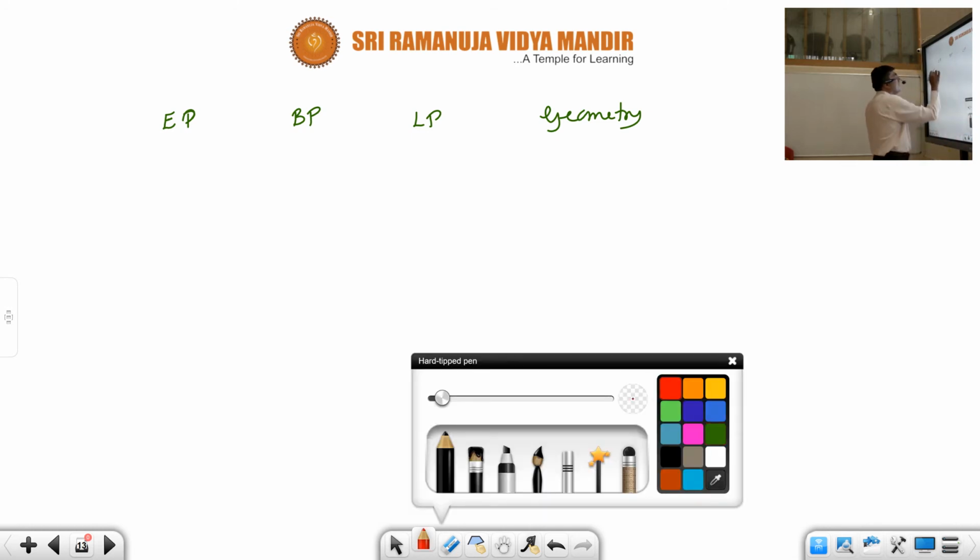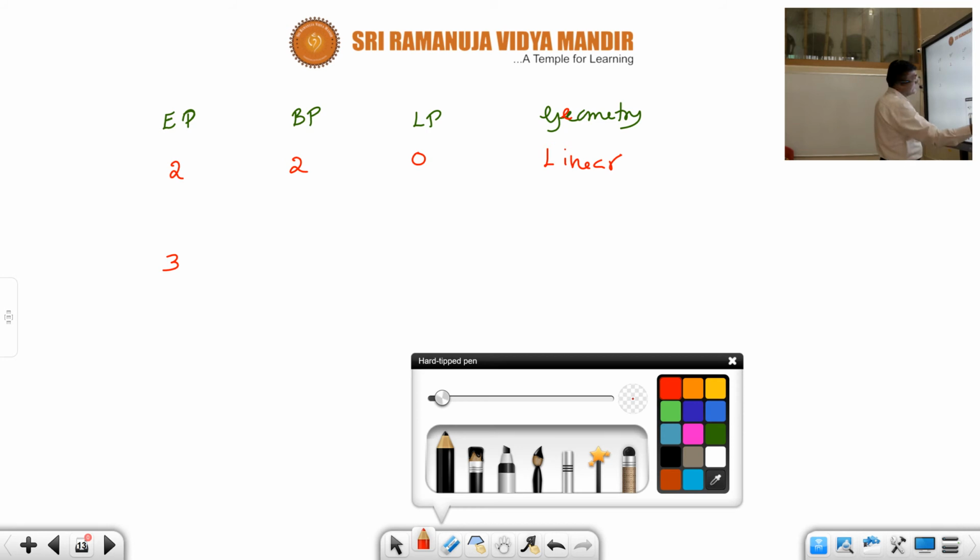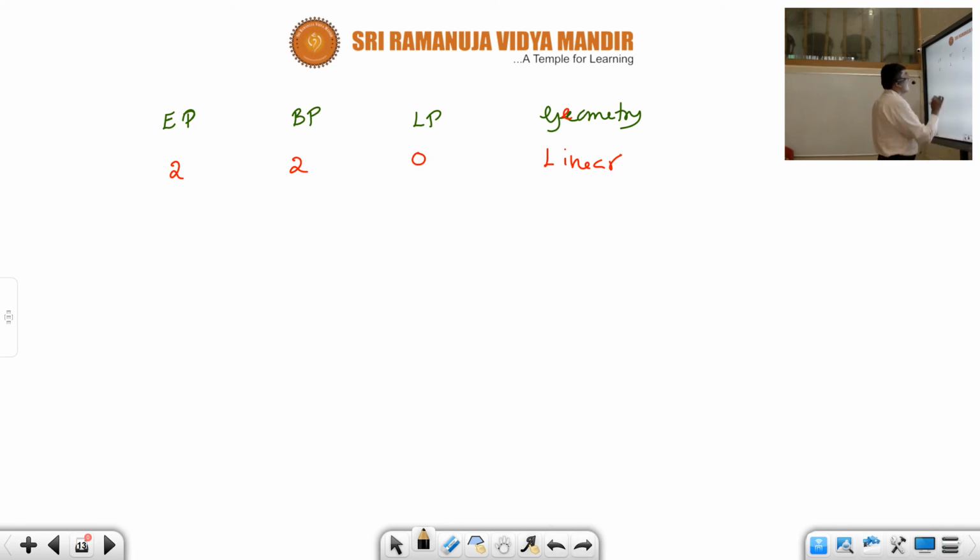You know very well, 2 electron pairs, 2 bond pairs, 0 lone pairs, the structure is linear. 3 electron pairs, we write with another color, that is always better. So there are 3 electron pairs, all 3 are bond pairs, 0 lone pairs, it is called trigonal planar structure.